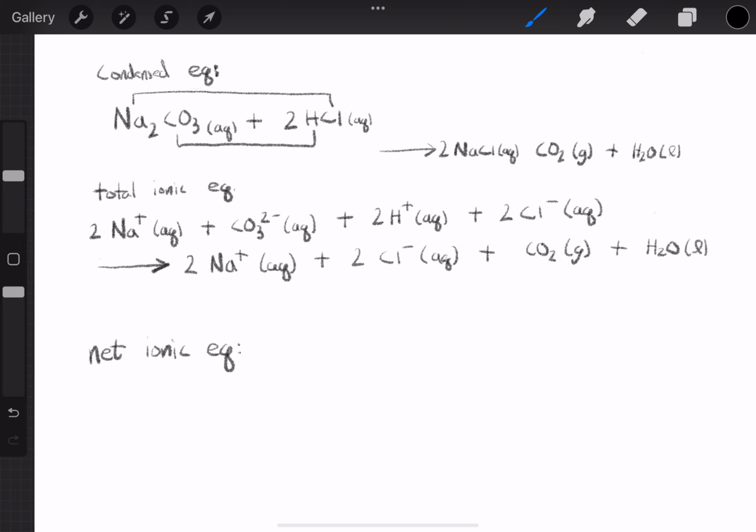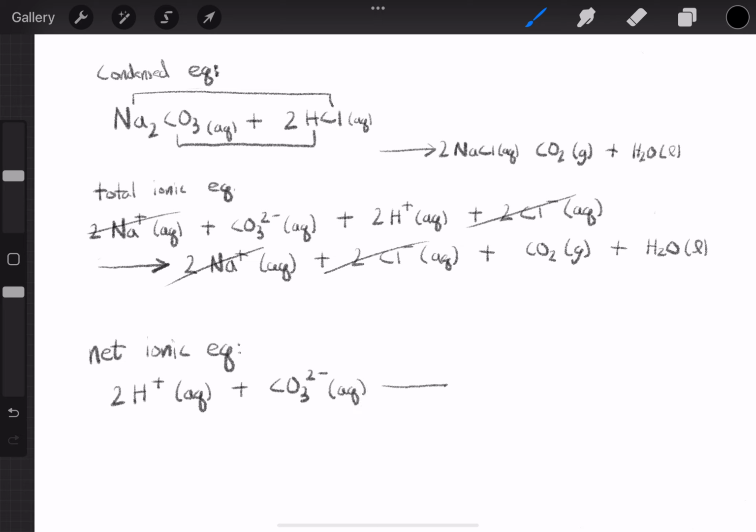Now let's find our net ionic equation, cancelling out the spectator ions, the sodium and the chlorines. What we're left with is 2H plus and carbonate 2 minus.